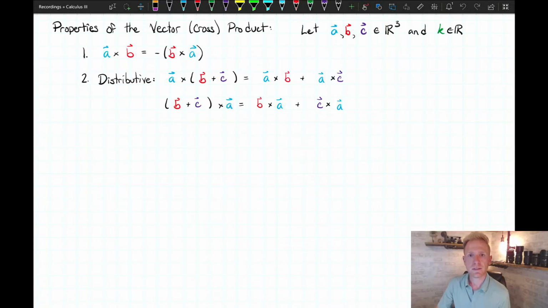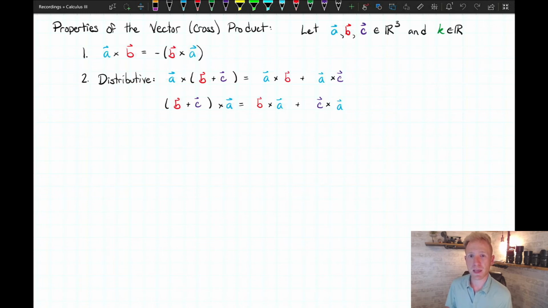Now, if you remember when we looked at the dot product, this associativity idea, A dot B dot C, doesn't make any sense because the dot product of two vectors gives us a scalar, and then it would simply become scalar multiplication of a scalar and a vector, and we couldn't do the dot product. But the vector product, or the cross product, A cross B, gives us a vector, so we should be able to then look at the cross product of a cross product. That would make sense.